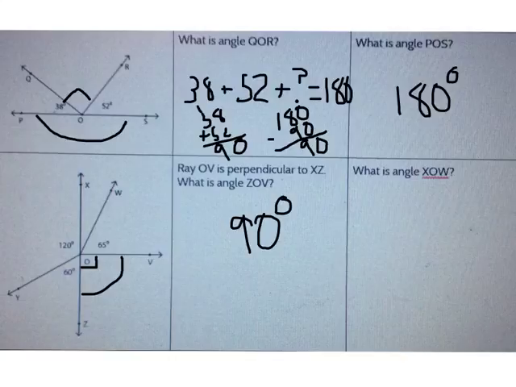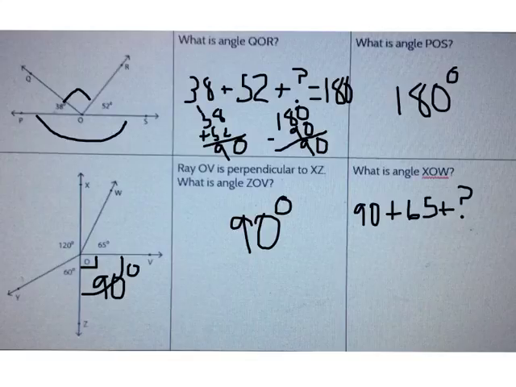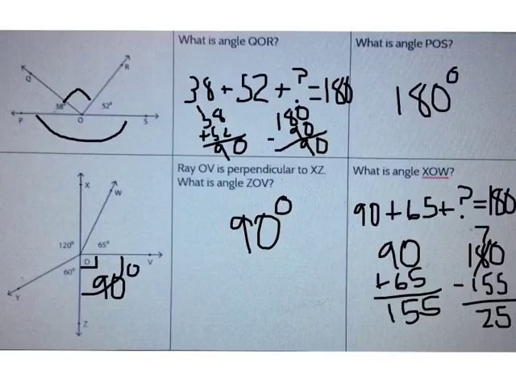I know that on the straight line XZ, there's a 90-degree angle, a 65-degree angle, and angle XOW. When I add them up, they become 180 for the straight line. Go ahead and solve for angle XOW now. Angle XOW is 25 degrees.